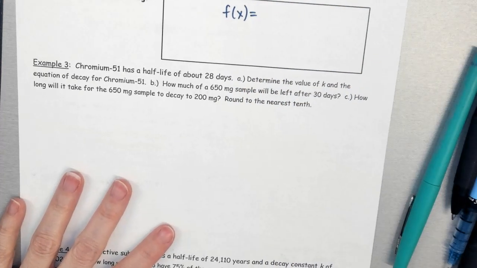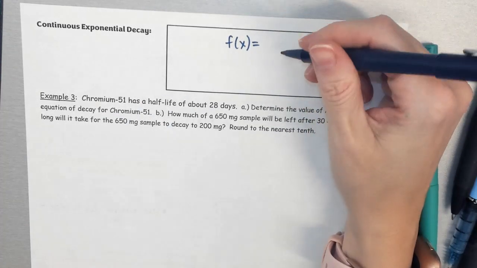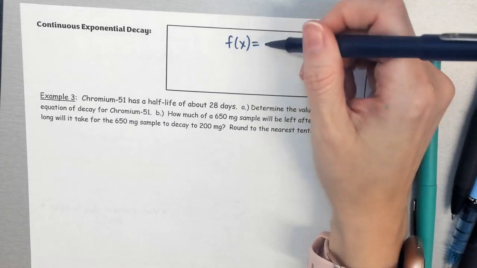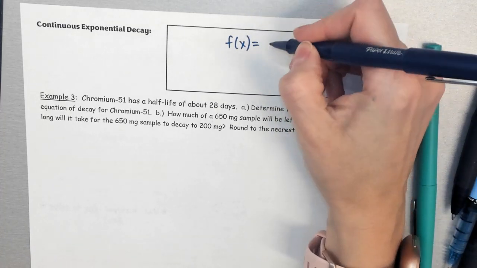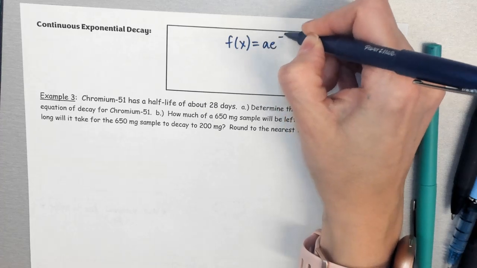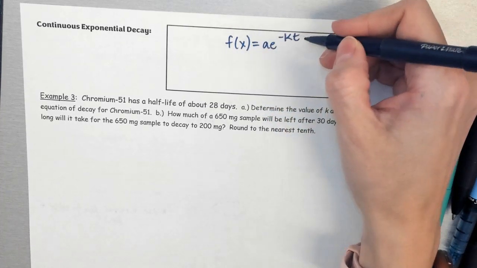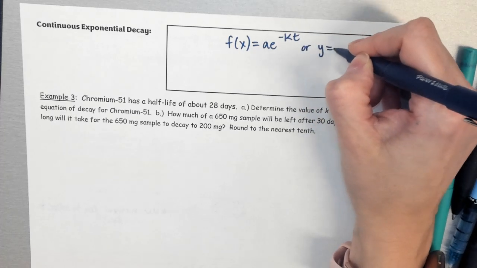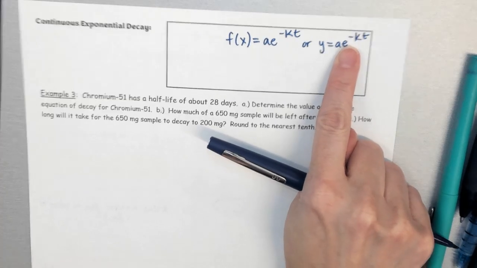It can be f of x equals or y equals. I like the y equals better, just because I don't like the f of x if you have t as your input. Okay, but the difference is you have that negative value for k here.